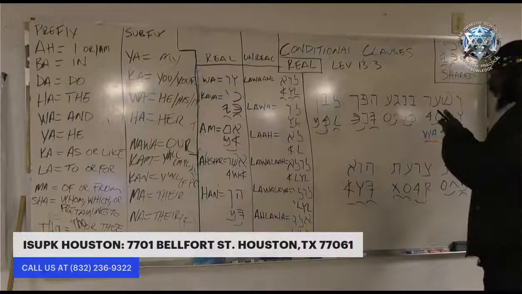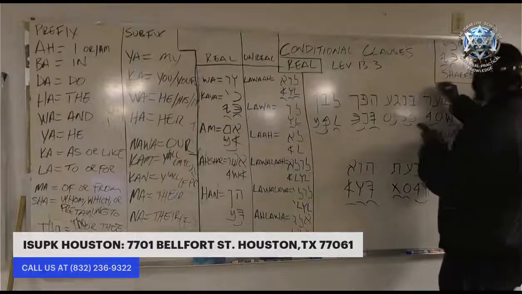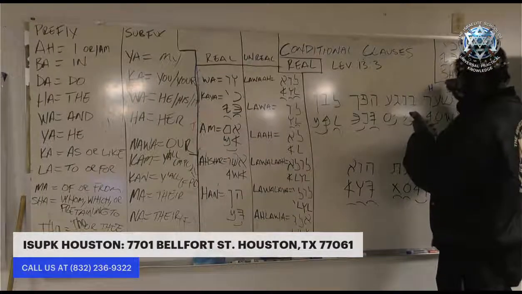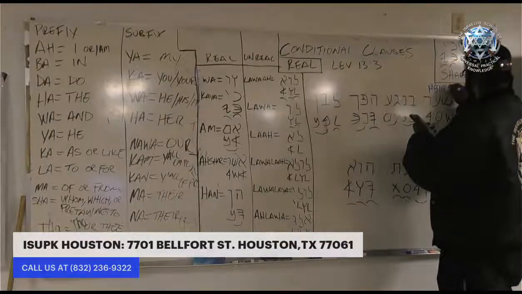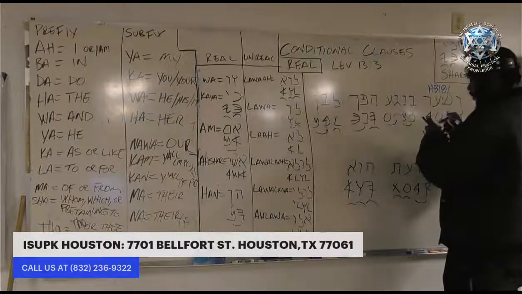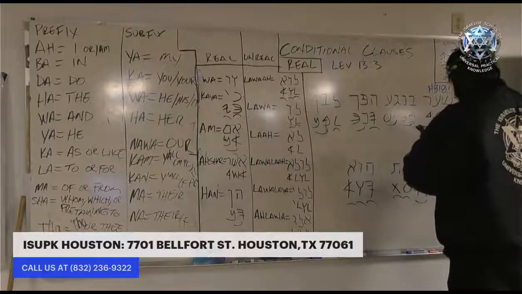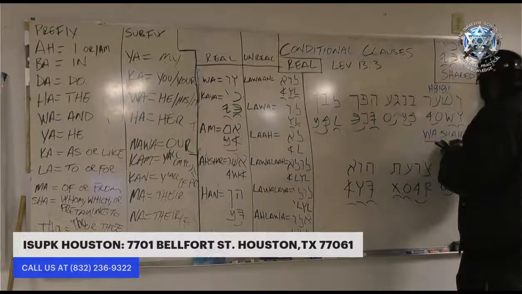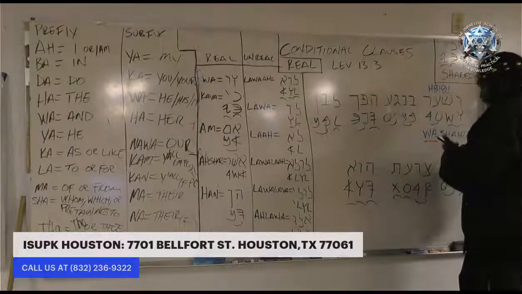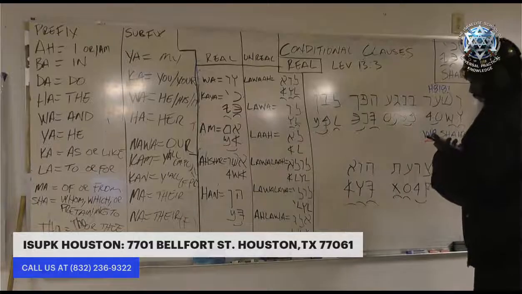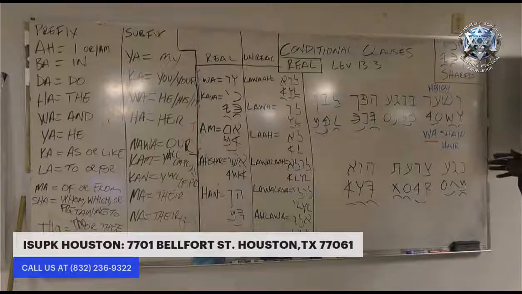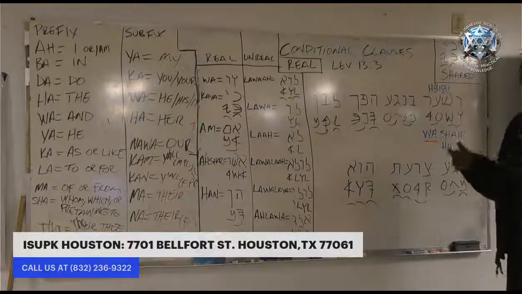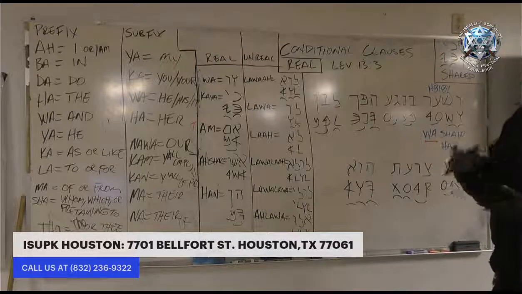The Strong's Concordance number here is H8181, which means hair. So it's dealing with hair, like the hair on your head, hair on an animal, hair on your skin.